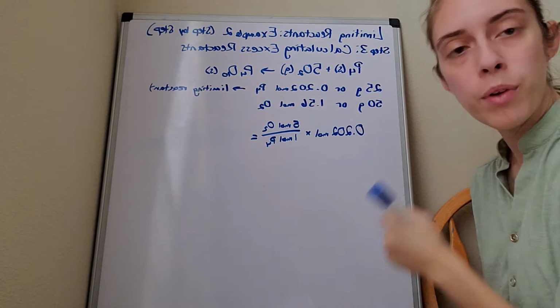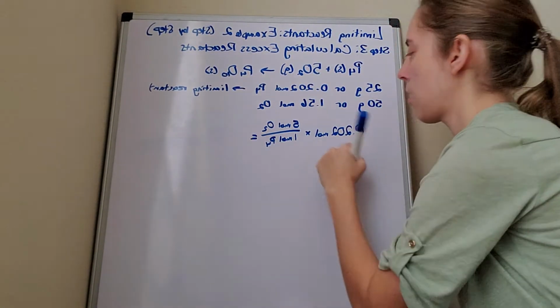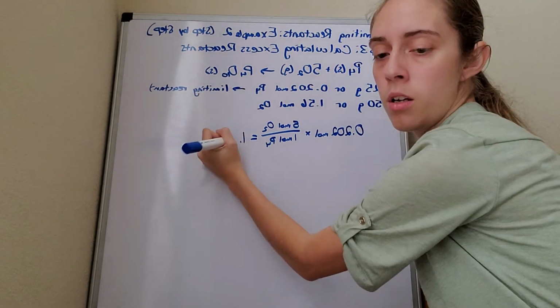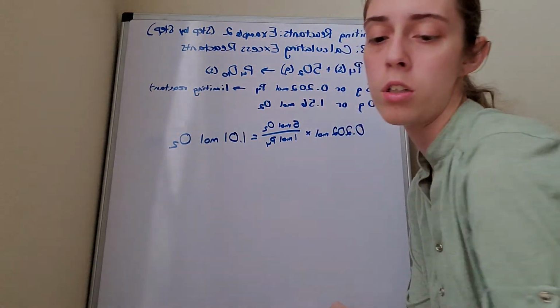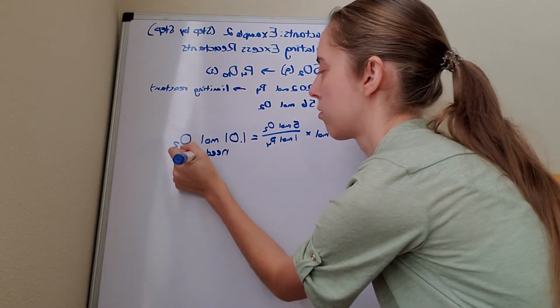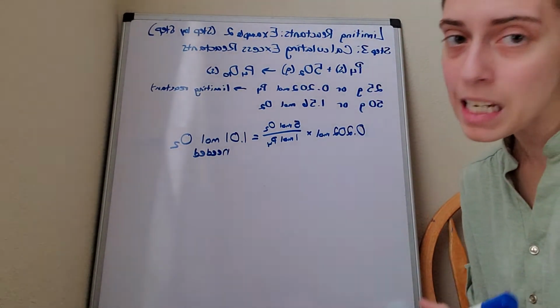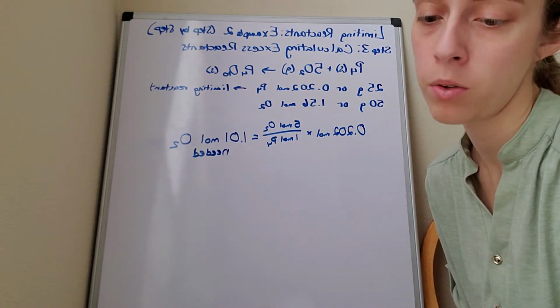If we have 0.202 moles of phosphorus, we are going to end up using that times 5, which is 1.01 moles of O2 that is needed. So we only need 1.01 moles of oxygen in order to complete this reaction.